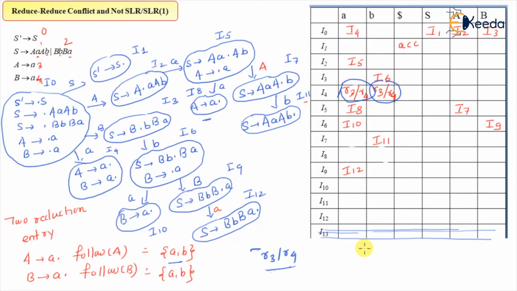I4 consists of two reduction entries, and both reductions are on the same column, which is why it's a reduce conflict.